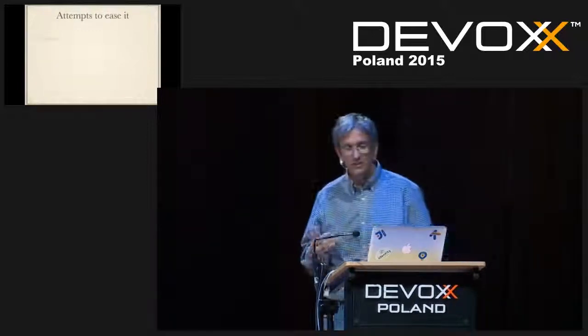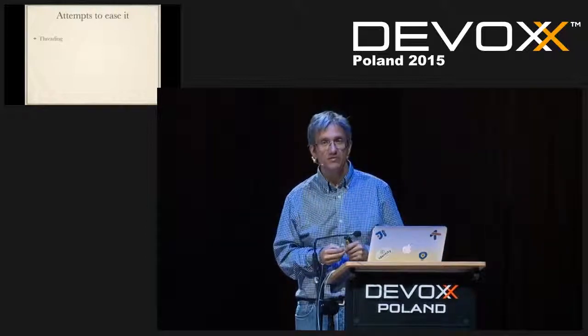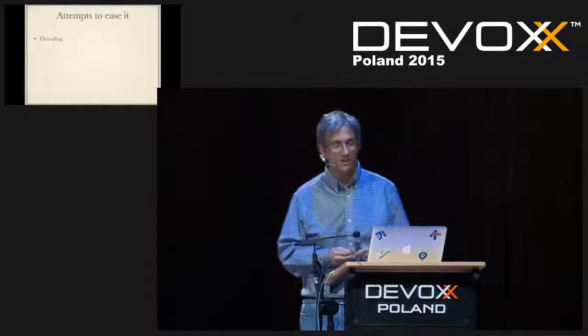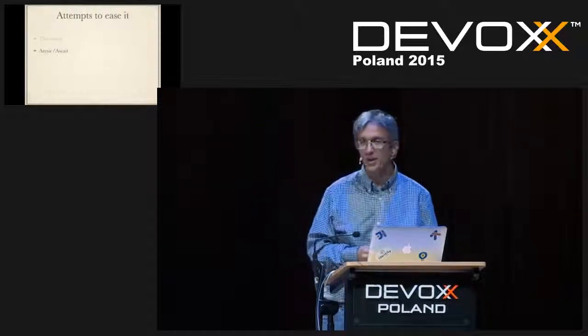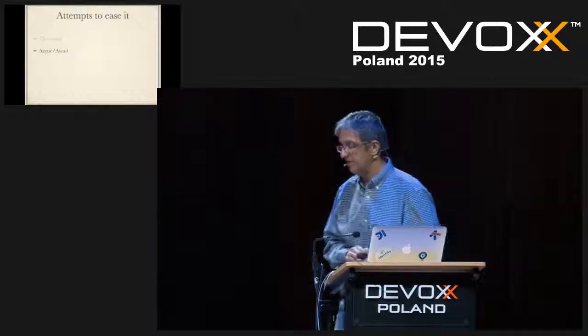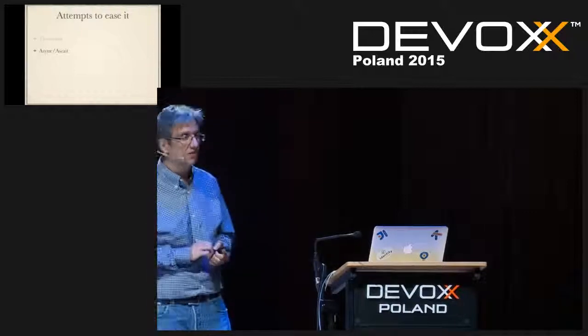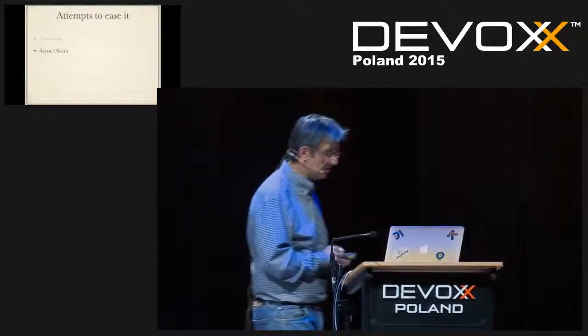Now, we've attempted to ease this. We tried with threading, and it worked well, and then we killed ourselves in a deadlock. We tried async await. C# introduced the language construct async await, and they said, this is a very, very easy way for you to introduce asynchronous programming into your project. And we thought, okay, this is fantastic.